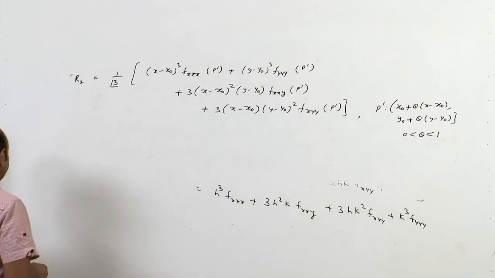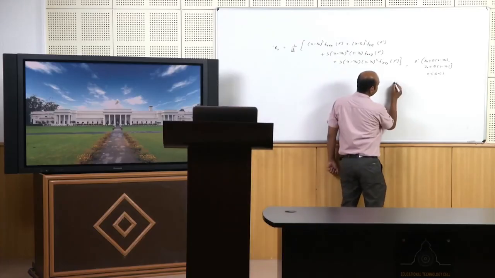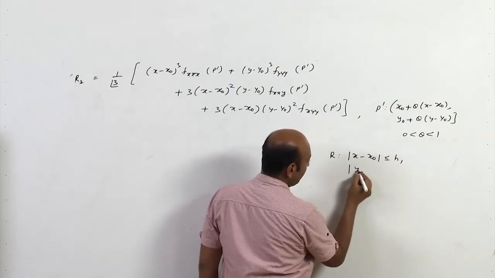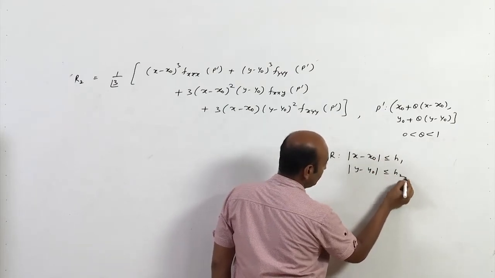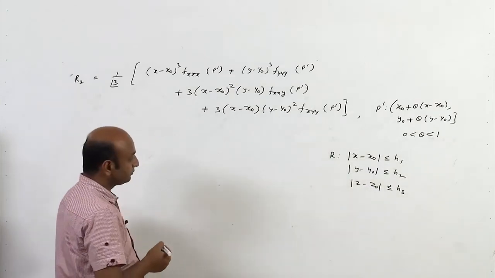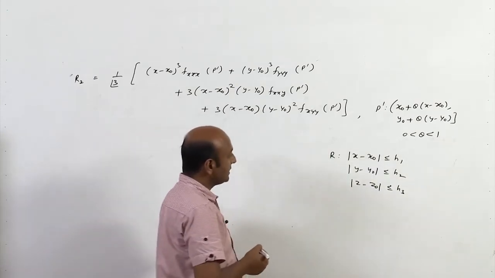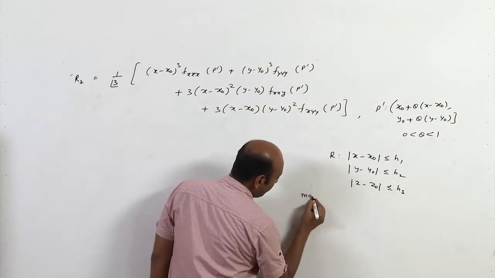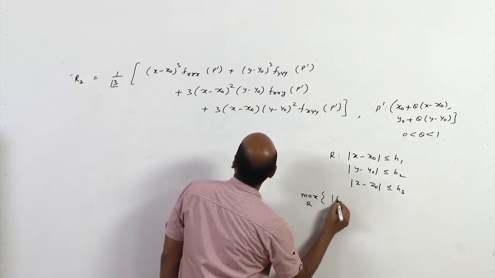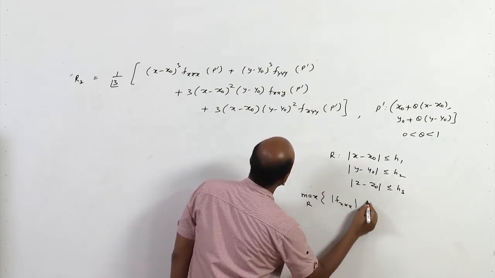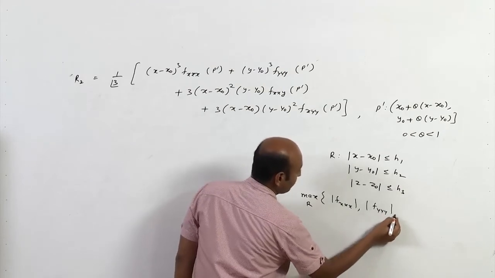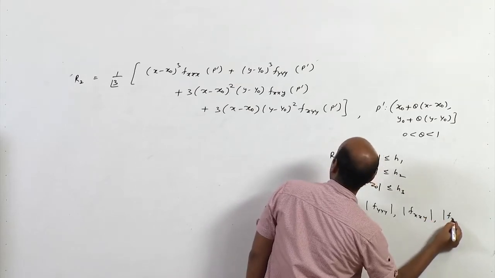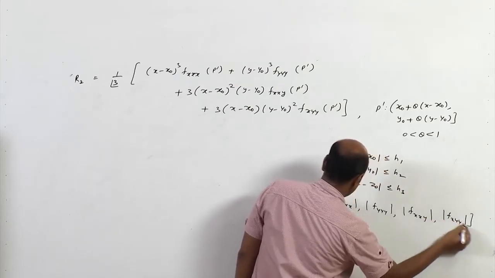this expression. Now, suppose you have a region R which is mod x minus x naught less than equals to say h1, mod y minus y naught less than equals to say h2, and in this region let us suppose the maximum of mod f_xxx, mod f_yyy, mod f_xxy and mod f_xyy, this maximum is say m.